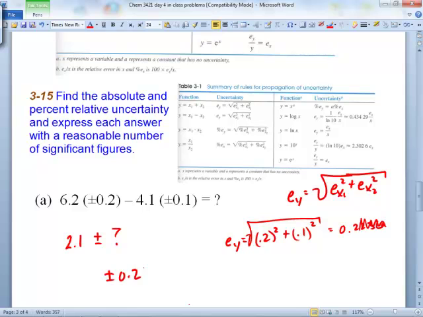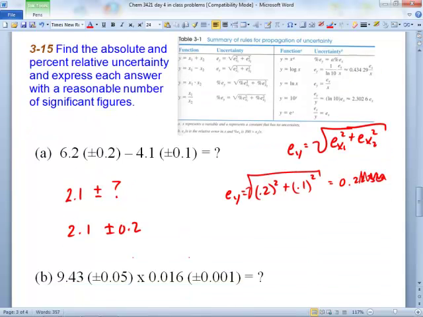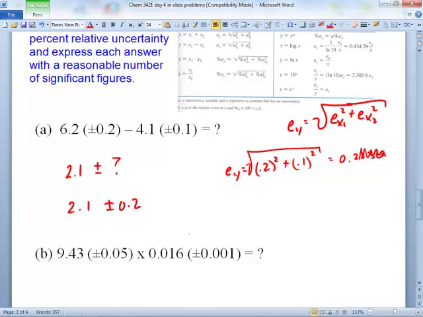How about the measurement? If I needed to add a 0, I would, like 2.10, but I don't. You stop at that tenths place. They have to agree. That's why I think the problems where they give you the absolute in the first place are a lot easier, so you don't have to do that extra step. We'll see, like this one. Oh, I should draw a box around it. That's your final answer.